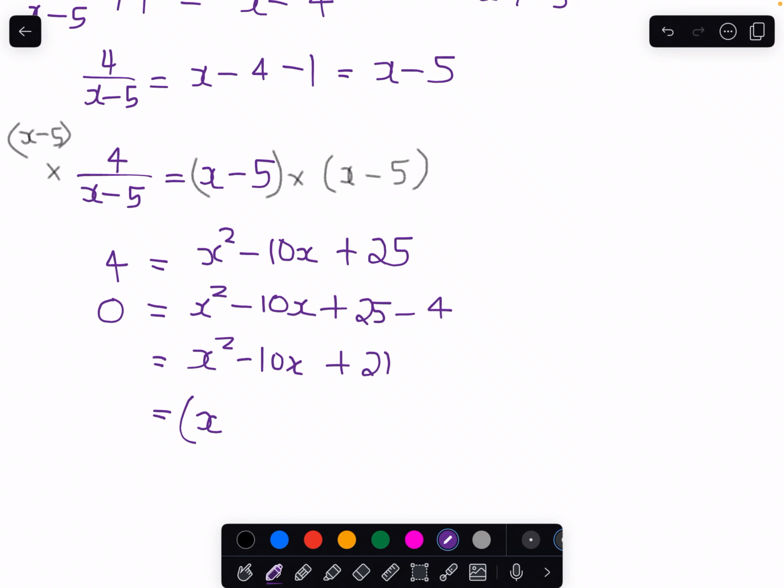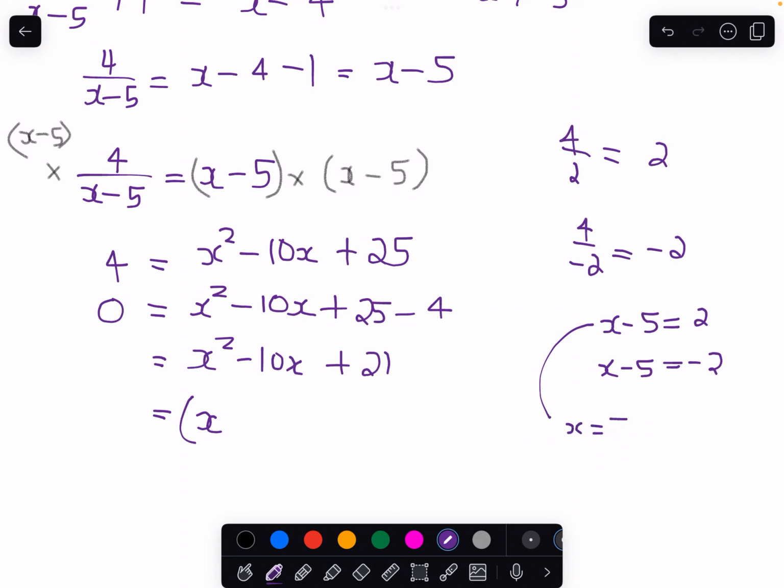Oh, also, when I said this, I just want to finish that train of thought. So that would mean x minus 5 is either equal to 2 or it's equal to minus 2. And that would mean x is either equal to 7 or x is equal to minus 2 plus 5, which is 3. Anyway, just wanted to complete that train of thought.